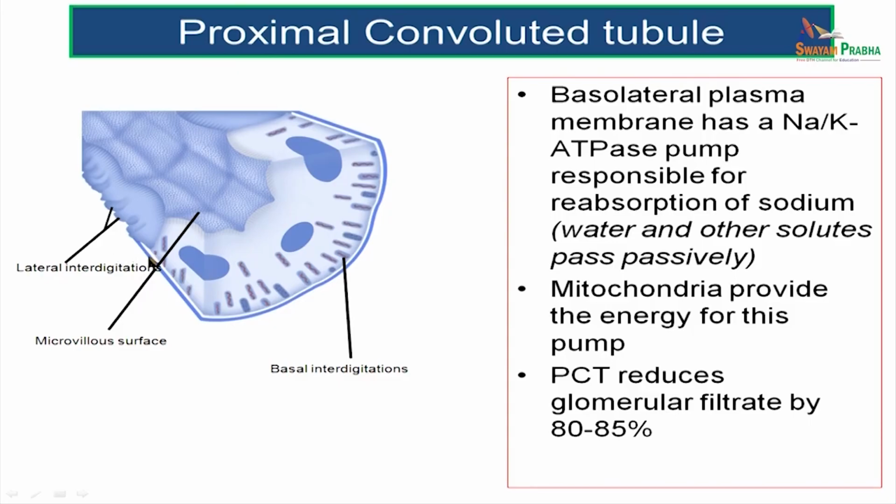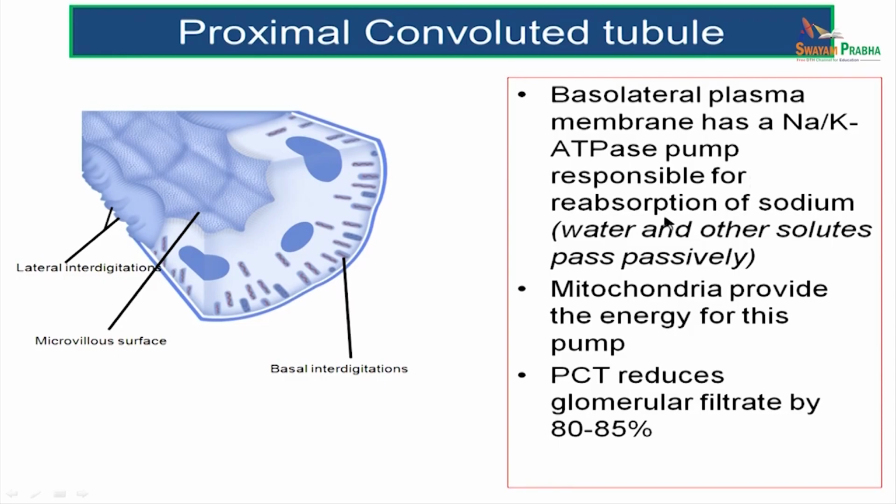The basolateral plasma membrane of the cell has a pump called the sodium potassium ATPase pump, which is responsible for reabsorption of sodium. This is very important. The pump is present, and the mitochondria present here provide energy for the pump.